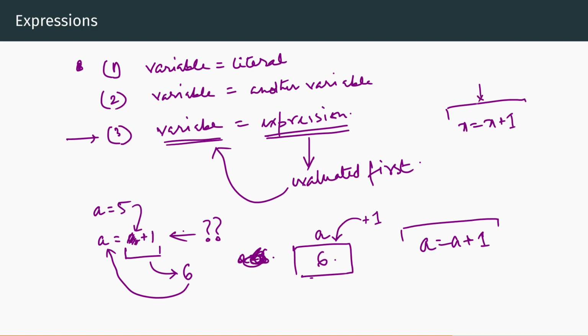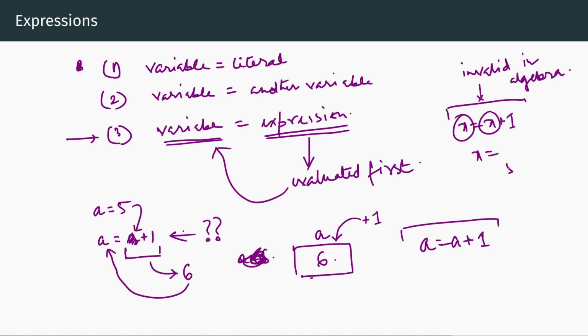So this is invalid in algebra. There is no x for which x equals x plus 1, because this is an equation, right? So what you're trying to say is there is some number x which is equal to itself plus 1. So it's not possible, right?